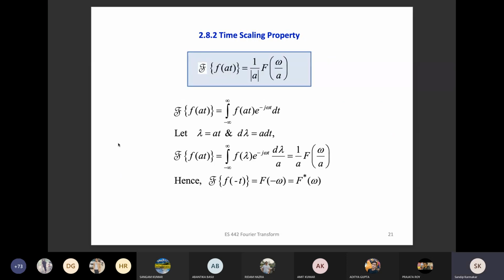Okay, time scaling property. The Fourier transform of f(at) equals 1 by mod a times F(omega by a). Do it.